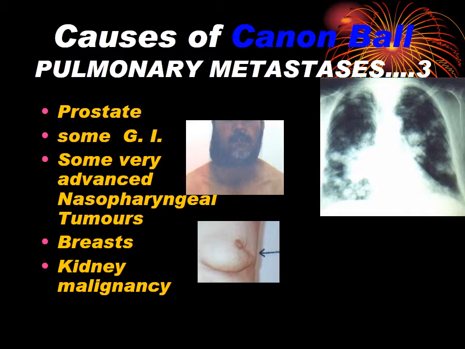You can see that there is a very huge lymph node here and protrusion of the cancer from the left nostril, and this was nasopharyngeal carcinoma, and also from the breast and from the kidney malignancy.